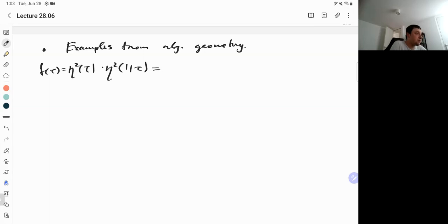So you can expand it. Let me check that I don't give the wrong formula. It has the following q expansion, seven plus dot dot dot.